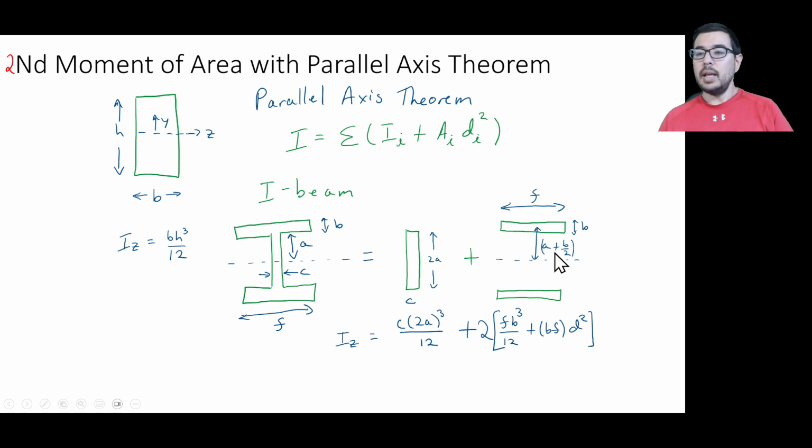So that's the distance from here to here, and the area is just bf. So what is d? D is this quantity of a plus b over 2, right, which we described previously. So we can now calculate the I, the second moment of area, for an I-beam using this parallel axis theorem.